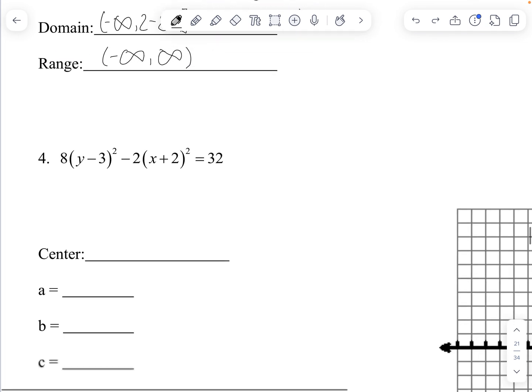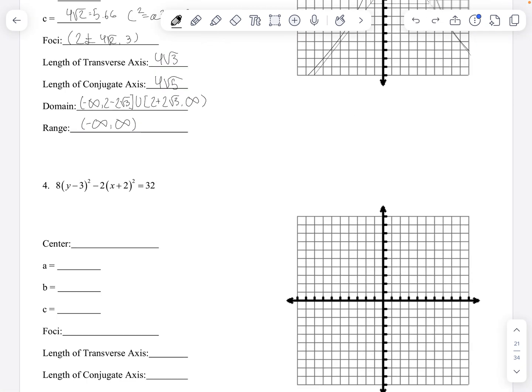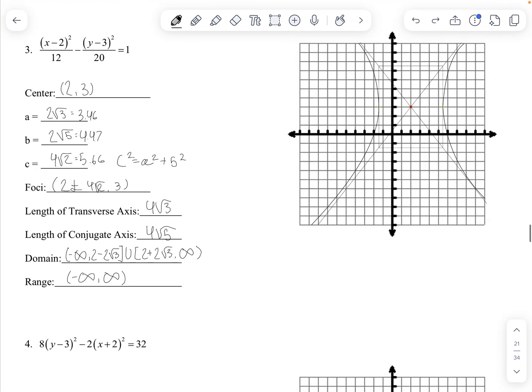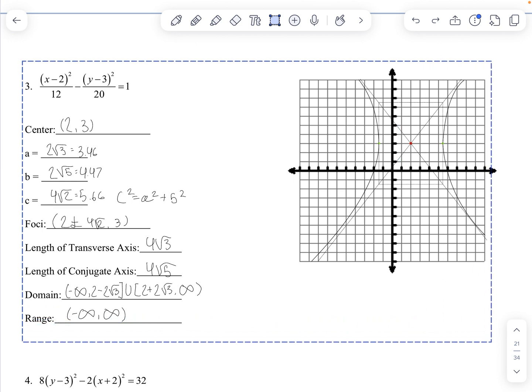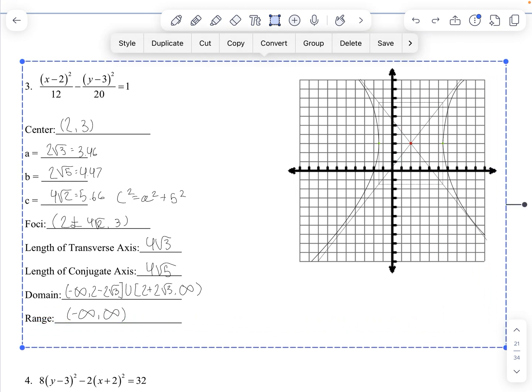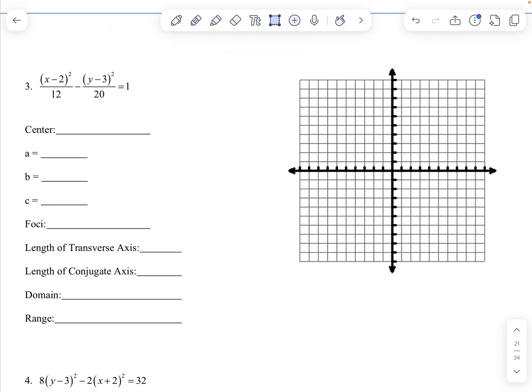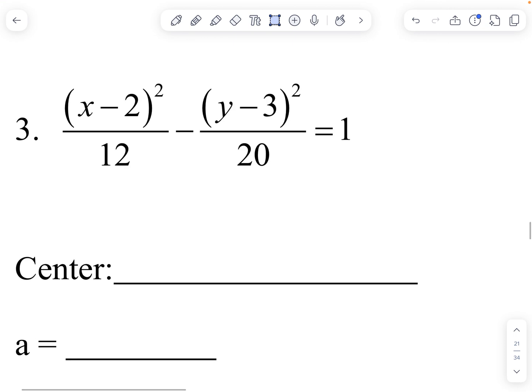Okay, so first of all, let's delete all this. Okay, so question 3. First, let's identify whether this hyperbola is a horizontal hyperbola or a vertical hyperbola.